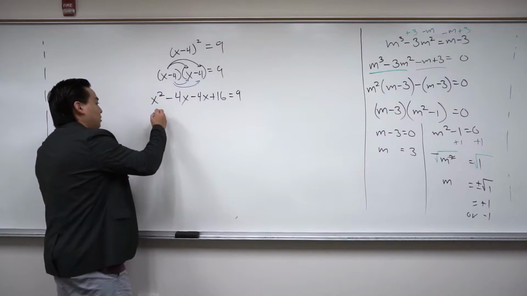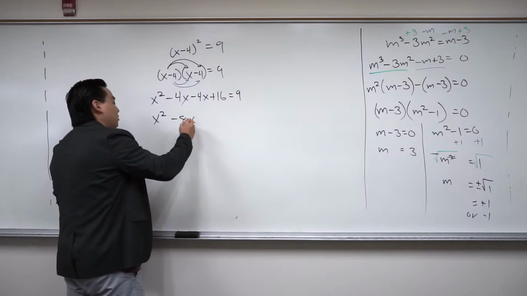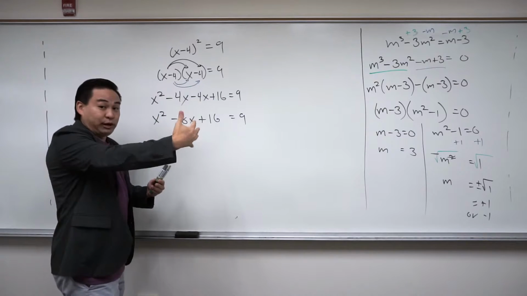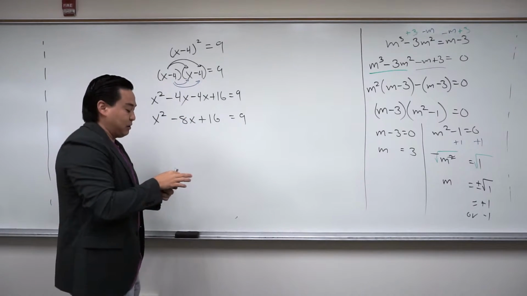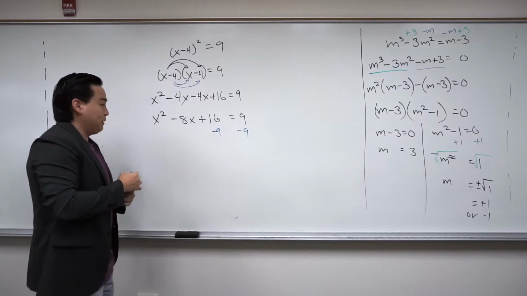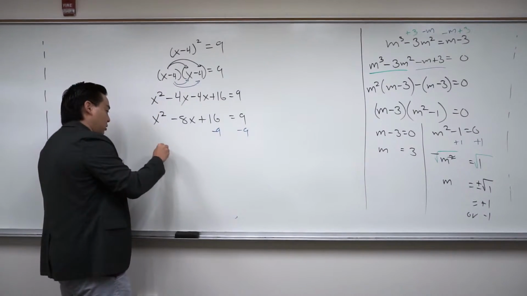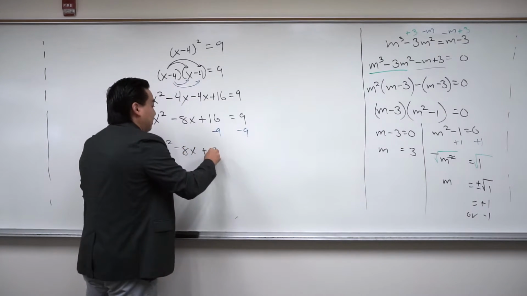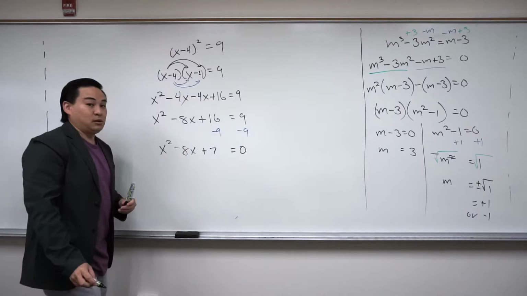Simplify it. And then, again, bring everything over to the left-hand side so that we can set the right equal to 0 by subtracting. So what you get now is x squared minus 8x plus 7 is 0.